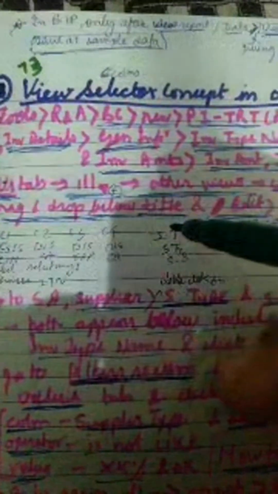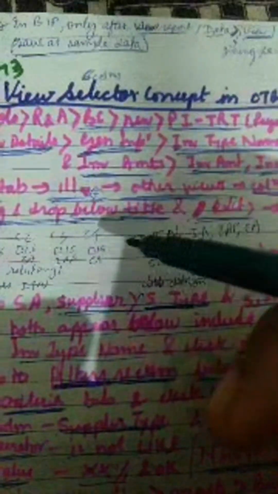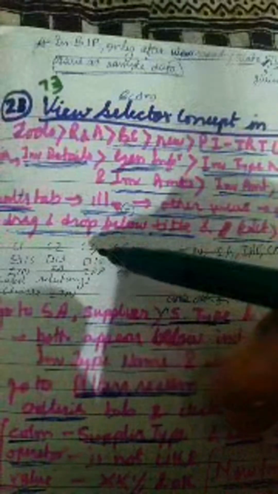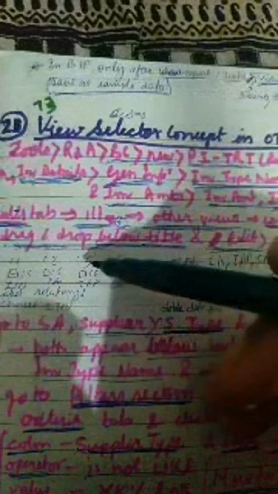Before we start the view selector, there's one thing. Somebody asked a question that when you save as sample data, sometimes the data won't come. Once you drag and drop all the columns in the normal reports, BIP reports, whenever you select all the columns, write a query, and all of those things are done, the next step is to do save as sample data.